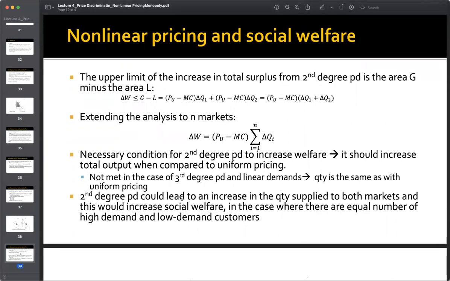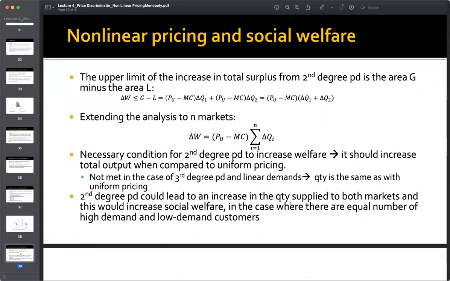But second degree price discrimination could lead to an increase in quantity supplied to both markets relative to the uniform price. Or at the very least, it could lead to a total change in output that's greater than under uniform.